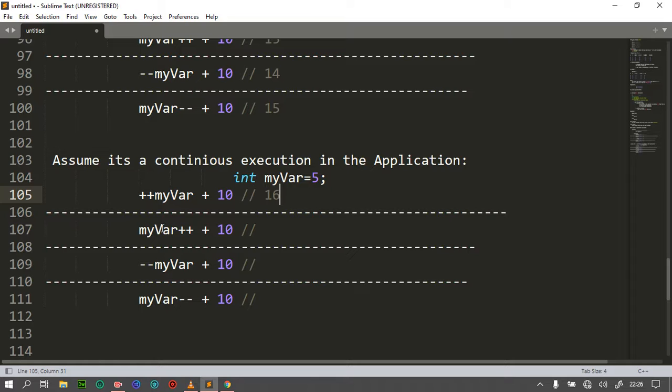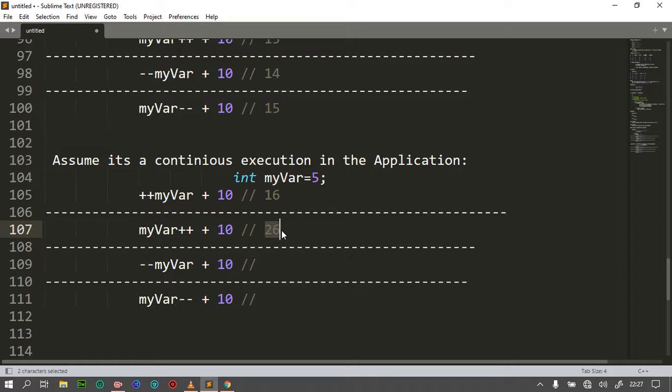But as we leave that line, something else will happen. So myVar at this level is going to be 16, so it will be 16 plus 10, which is going to be 26. Guys, we are handling a continuous execution. Now at line 107, myVar, we are sure, is 26.